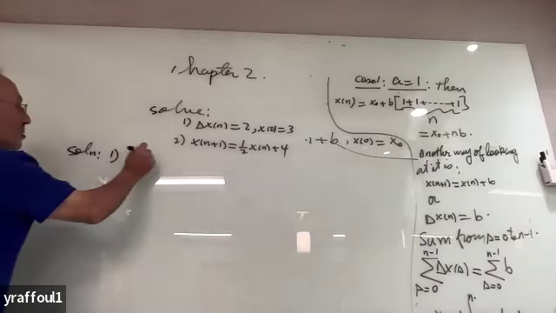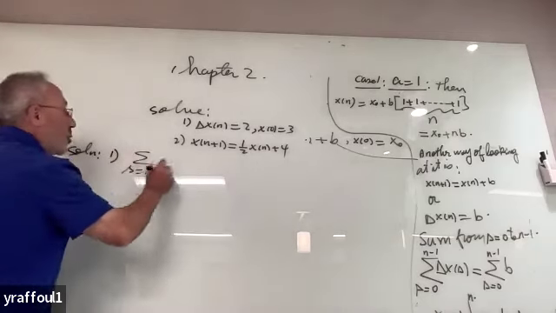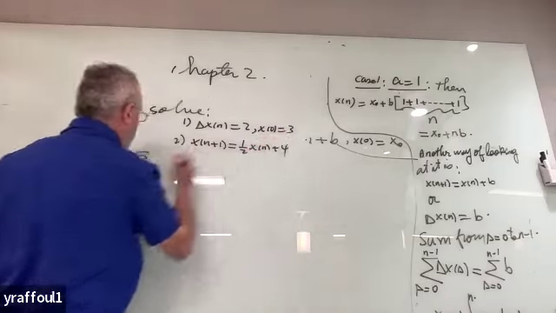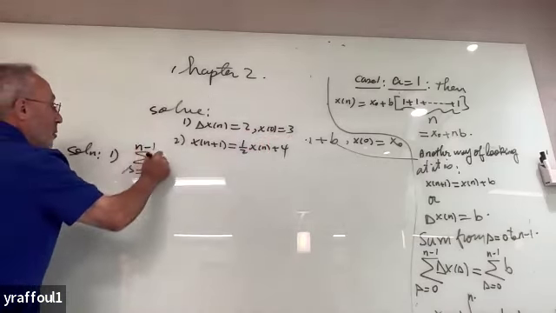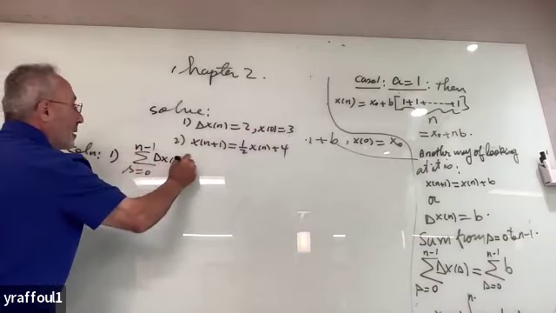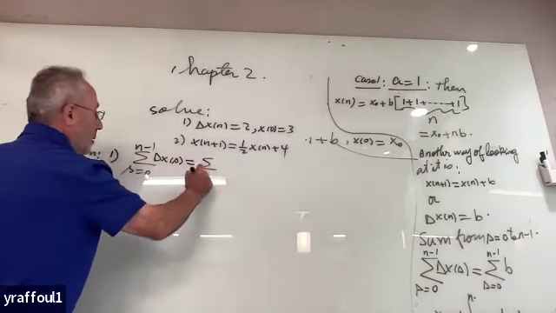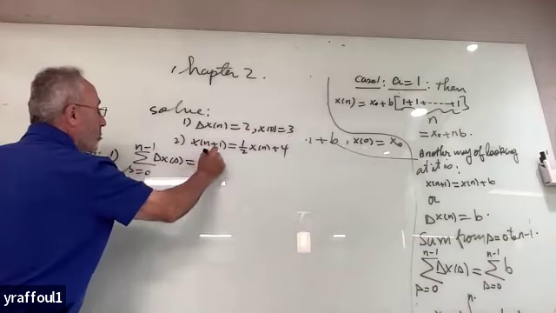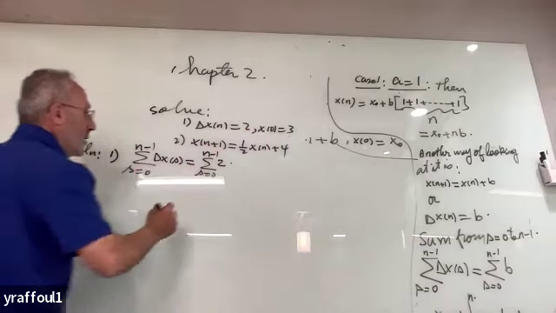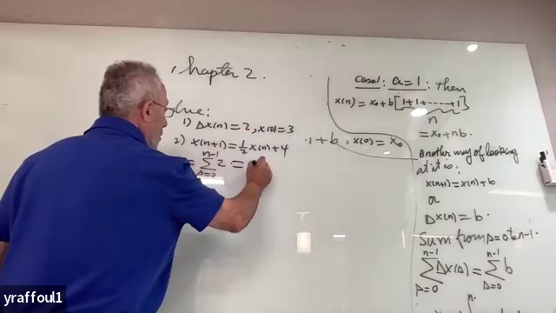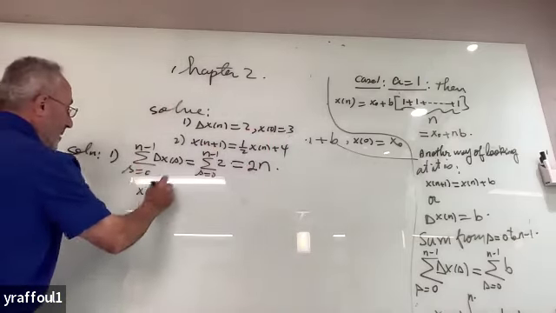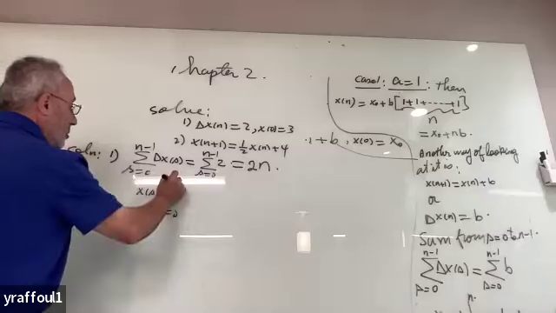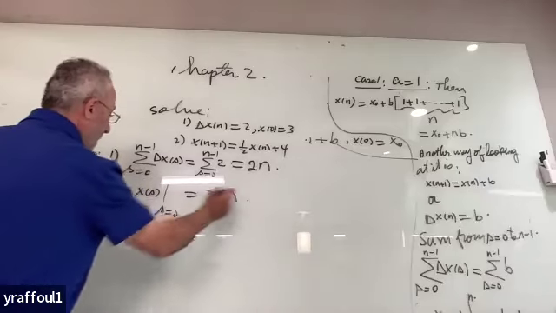Solution 1. If I do s equals 0, because x0 equals 3, that means my first point is 0, to n minus 1 of del xs equal to the sum from s equals 0 to n minus 1 of 2. And that is 2n.